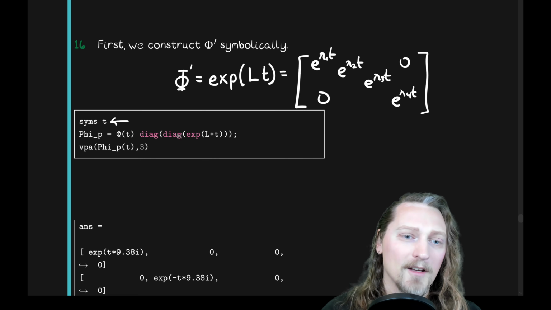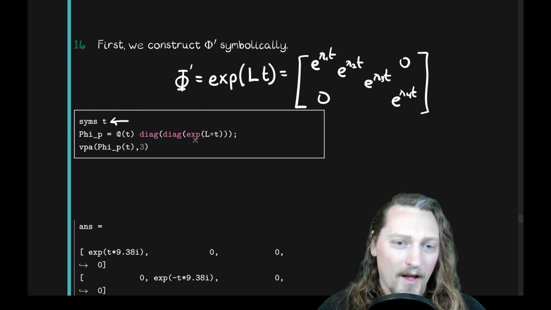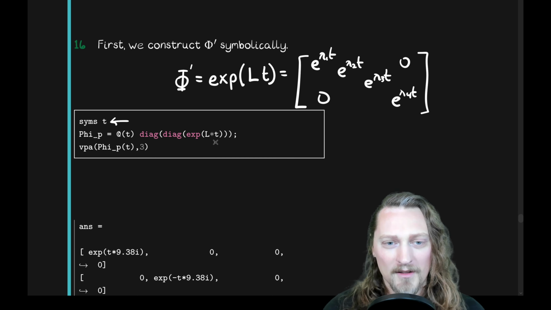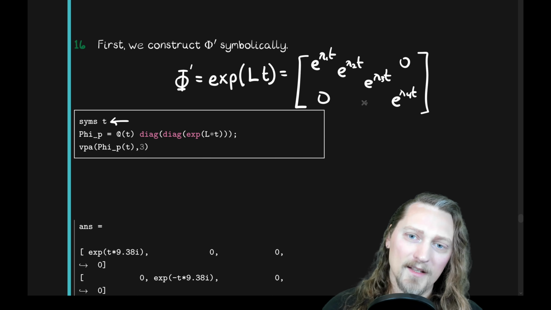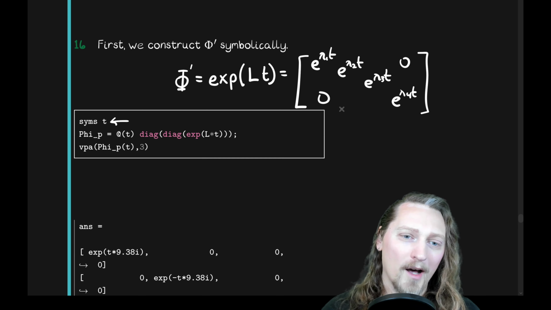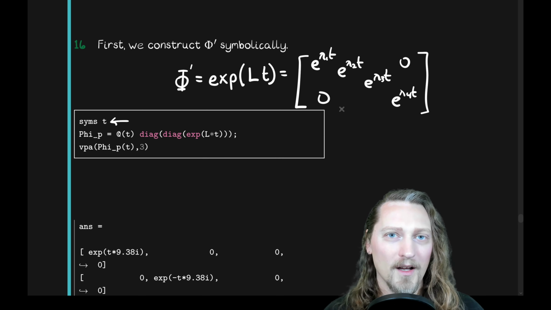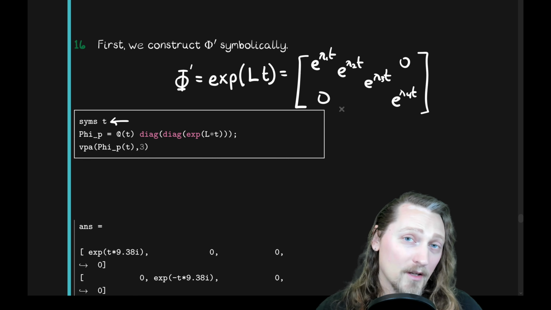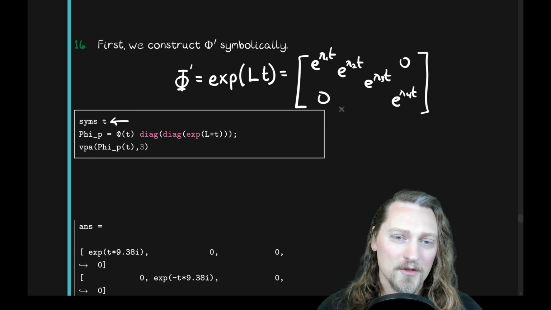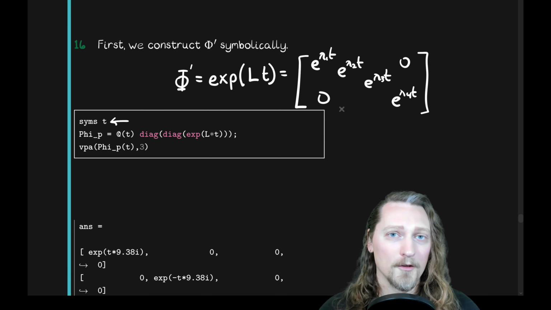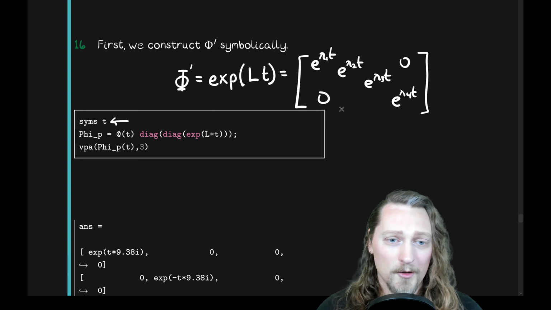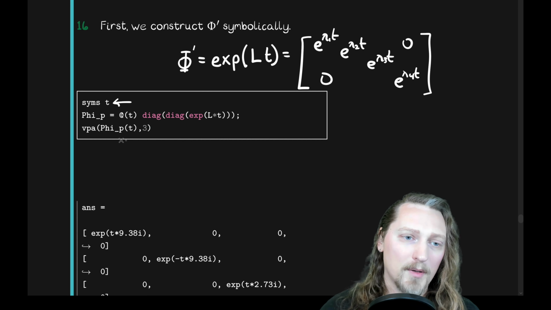This diag of x of L t is a construction that essentially creates this automatically without assuming a certain dimension to L. I wrote it like this so that we can reuse this code for other dimensions of A matrix, other dimensions of eigenvalue matrix L. So let's print it out.